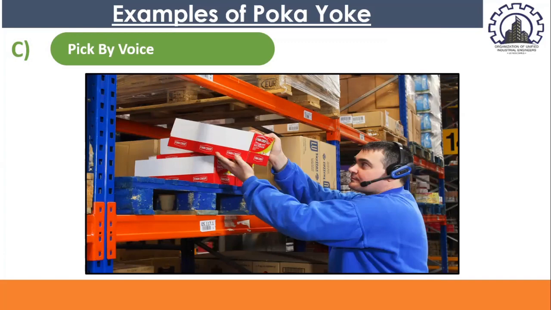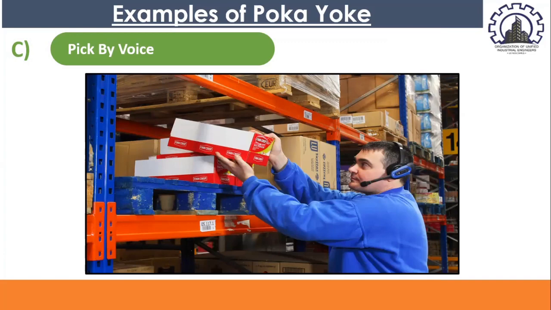So in this method, both the user's hands and eyes are free. And to confirm the pick, the operator can use voice control where they will repeat some of the product information. For example, it may be the last four digits of the barcode and so on.